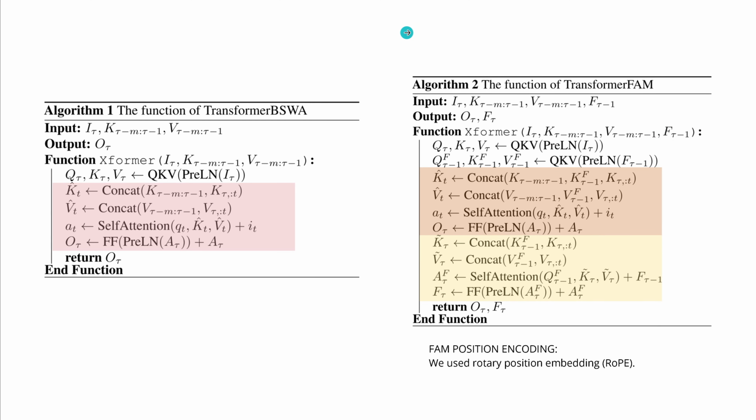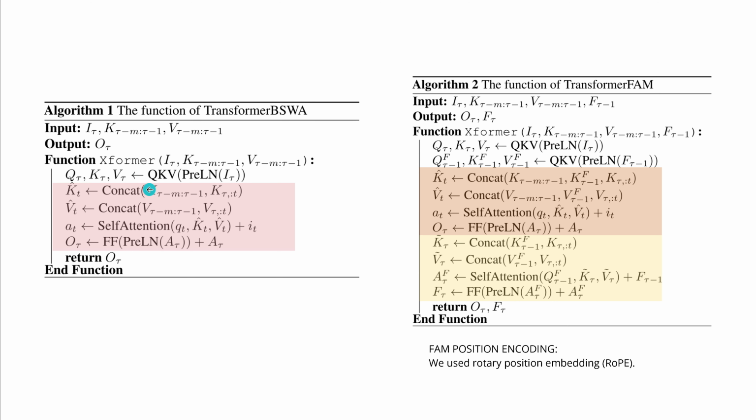Now, let me approach this explanation from a symmetry point of view. If we look at the BSWA transformer architecture, you see we have a very particular pattern to calculate attention.